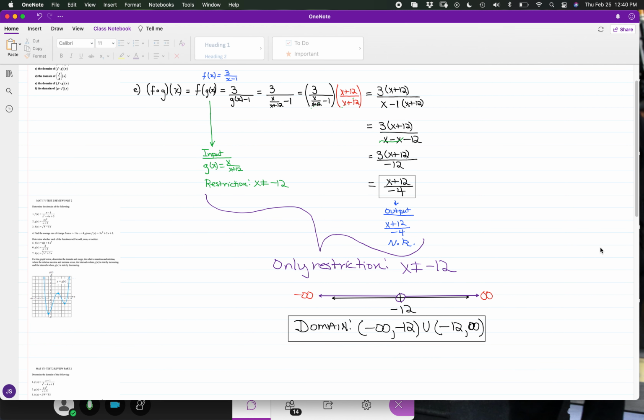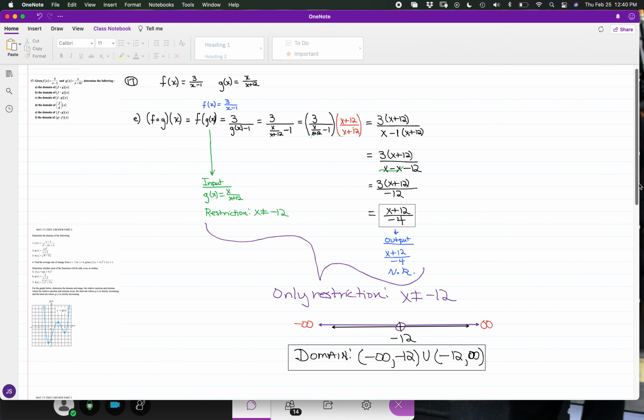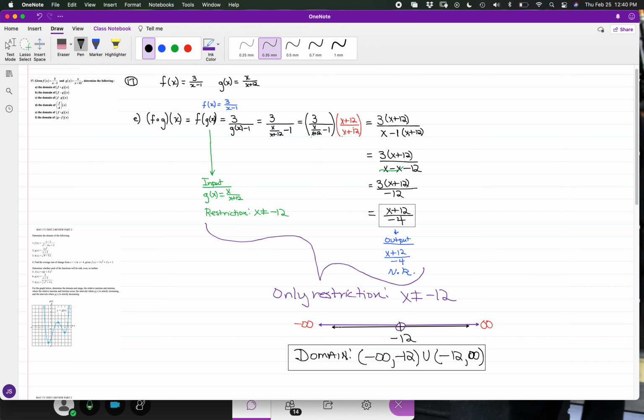All right, and then we have the remaining composition, still using the same functions. We're looking for the domain of g composed with f of x.